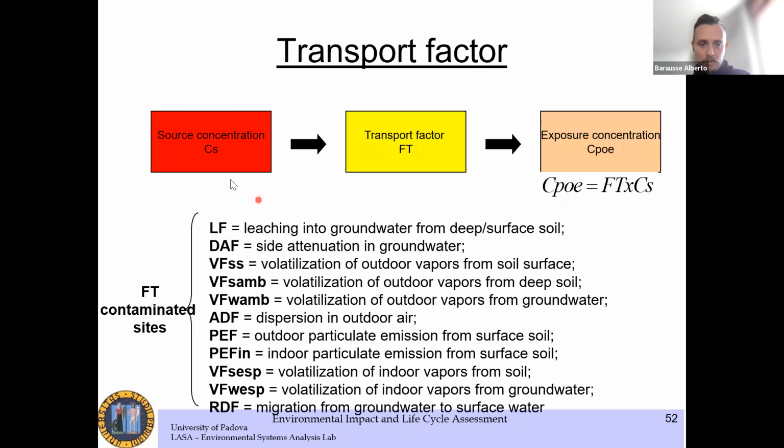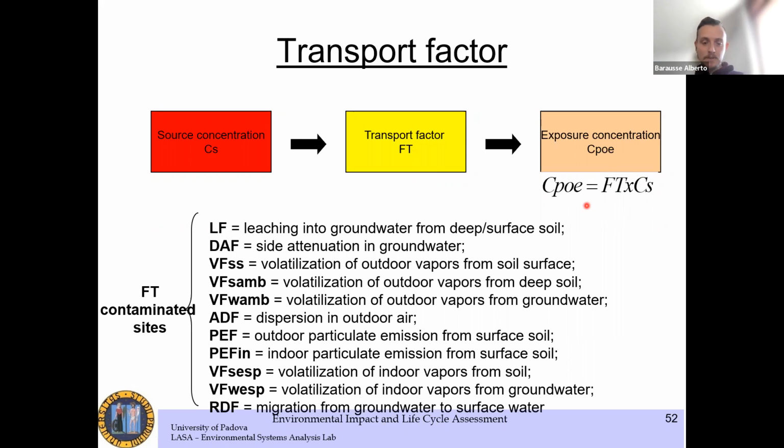So you have your concentration at the source here. You calculate your transport factor, which will be lower than 1, of course. And then your concentration of contaminant in the point of exposure where the target is simply that transport factor times the source concentration.